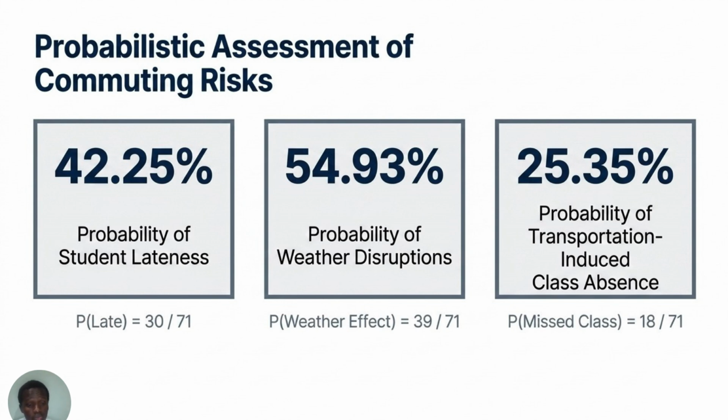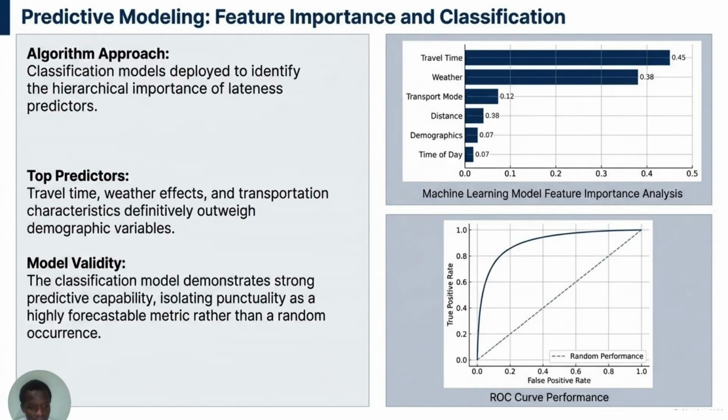And the last one is the probability of transportation-induced class absence. Some are absent from class because of circumstances, like something accidentally happening at home, or someone having an occasion. It may make them late or even absent from class.